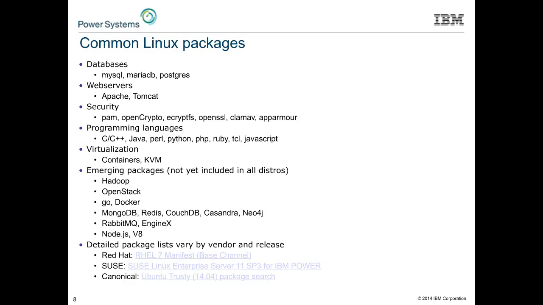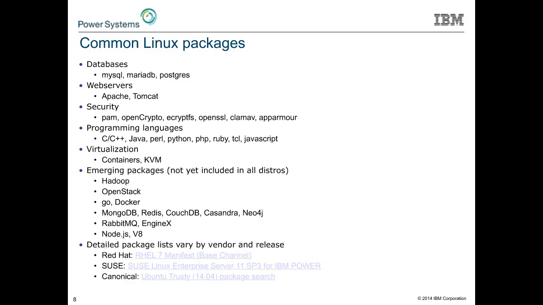We have all sorts of emerging packages, some of them not even yet in the distribution. Best example of that is Docker, Docker and Go. Docker is really the killer app and the middleware environment on top of containers. Distributions are just starting to give us technology previews of their Docker solutions, starting on x86, but Power is making sure we get Docker enabled such that as this becomes product ready, Docker will be available on Power as well.